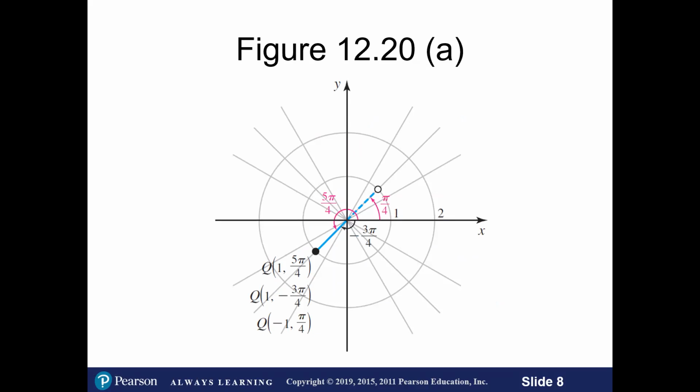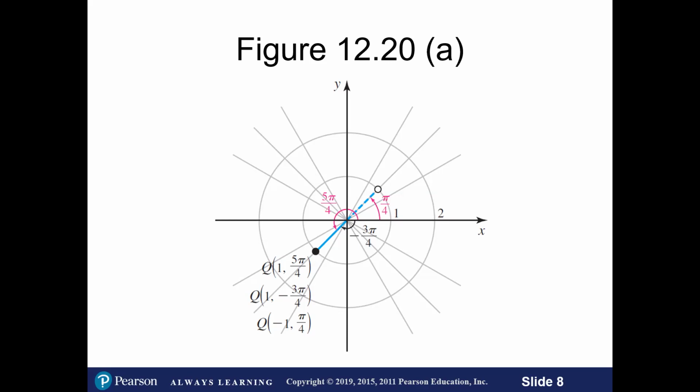So now we want to do a little exercise, and we're going to start with 3 points in the plane. We'll start with the point (1, 5 pi over 4). So we go a unit of 1 away from the origin, and then we rotate in a counterclockwise direction: pi, 2 pi, 3 pi, 4 pi, 5 pi over 4, and that puts us there.